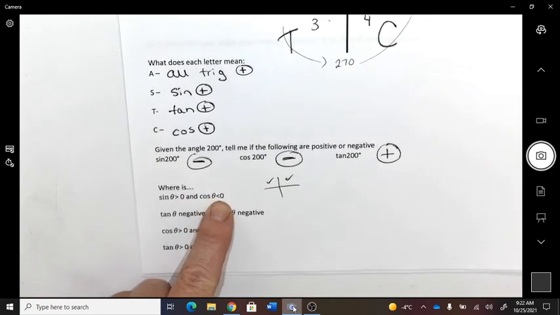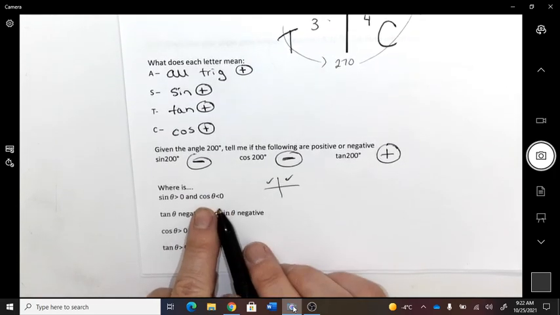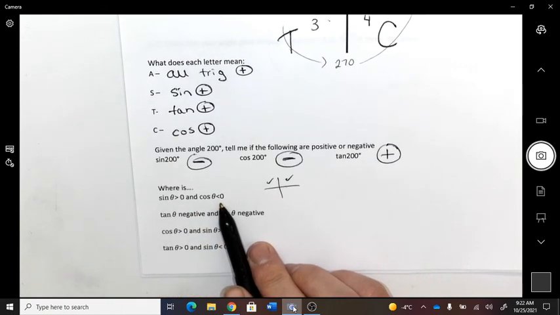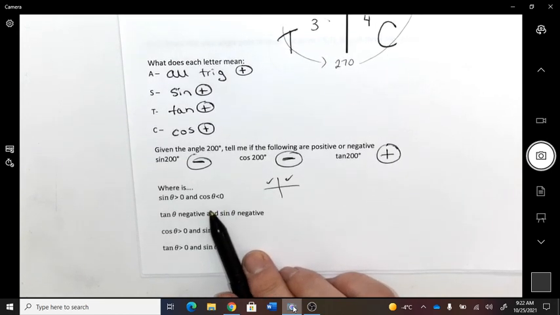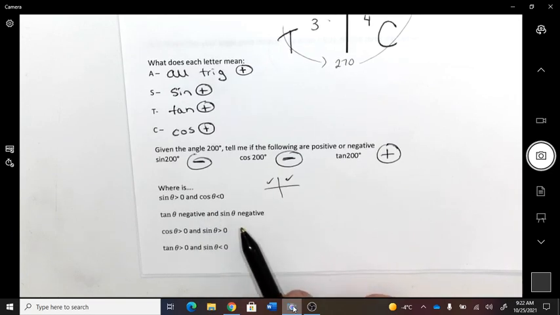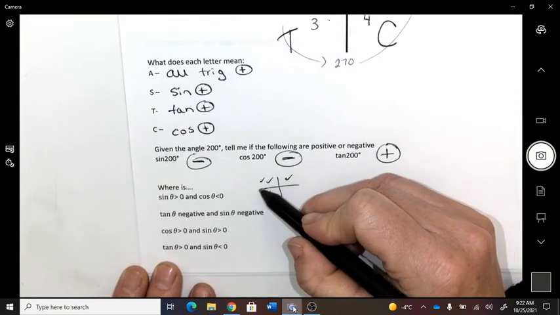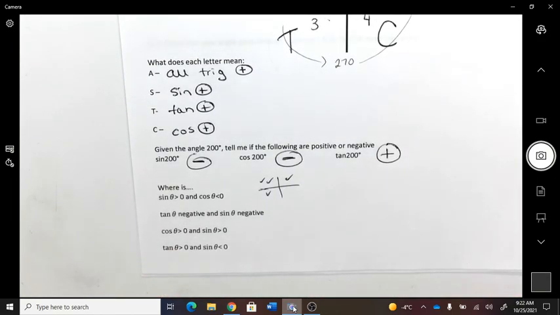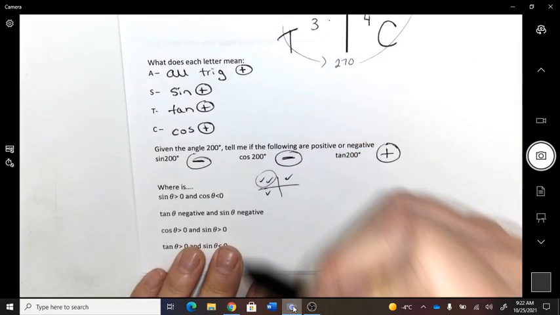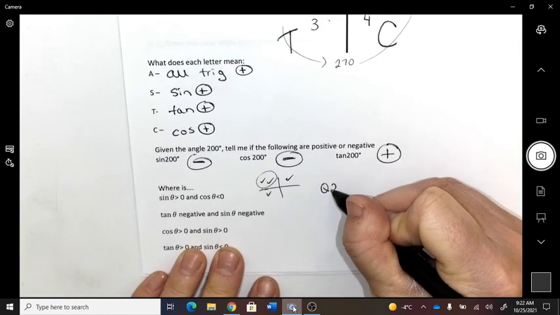And cosine has to be, this says what? Less than 0? So negative. Where would cos be negative? 2 and 3. So which quadrant did both things that I said happen in? Quadrant 2.